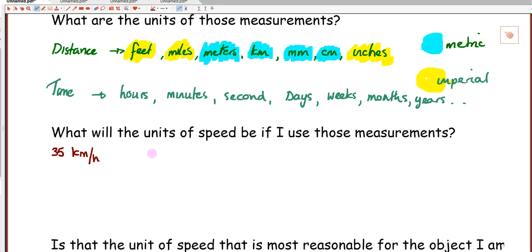Now, when I'm in the UK and I'm on the motorway, the speed limit is 70, but it's miles per hour, or you might see that as mph. So there would be 2 units. Are there any other units of speed that you've used before? You can see kilometers per hour, I've used kilometers and hours. Miles per hour, I've used miles and hours.